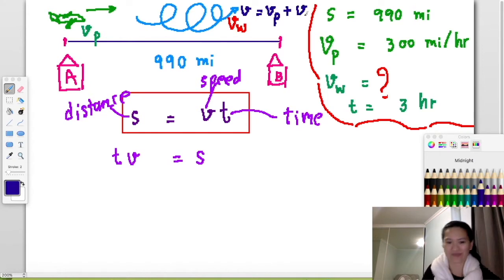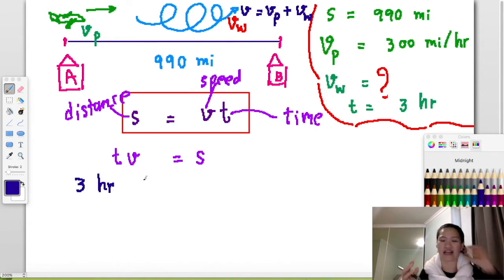Now you know that T is 3 hours. I'm going to put the unit here, and you will be surprised that when we calculate, if it is correct, the unit will be correct as well. For example, if you get speed, the unit of speed has to be miles per hour.